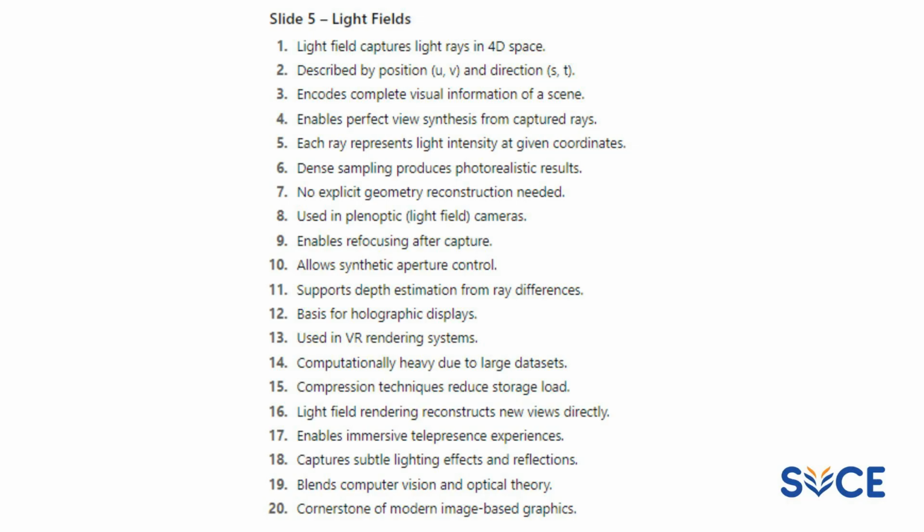Using this dataset, you can create new views, as if a virtual camera is moving smoothly around the vase. You can even refocus the image to make the front petals sharp and the background blurry, or vice versa, because you have information about how light changes with direction and position.